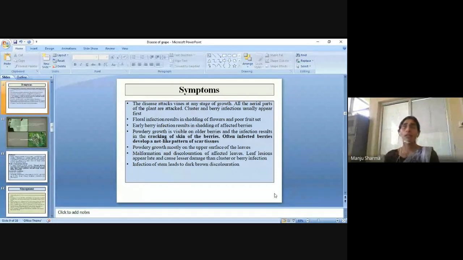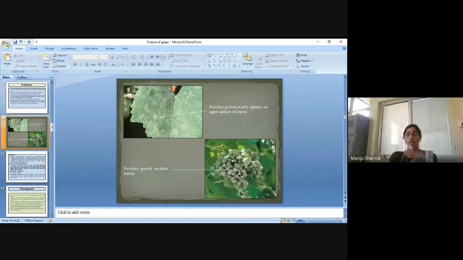And in powdery mildew, basically the skin of the grapevine and the skin of the berries will be cracked, but in downy mildew disease it doesn't happen.